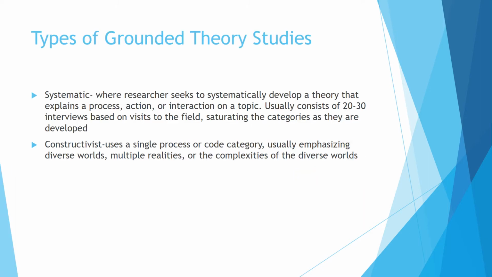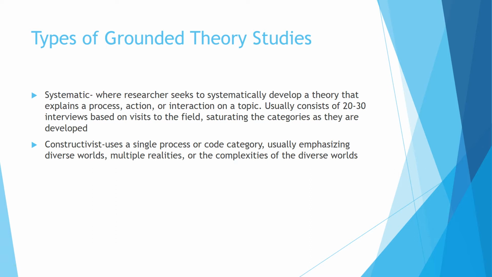There are two types of grounded theory research. In the systematic part of things, the researcher seeks to systematically develop a theory that explains some process, action, or interaction on a particular subject.